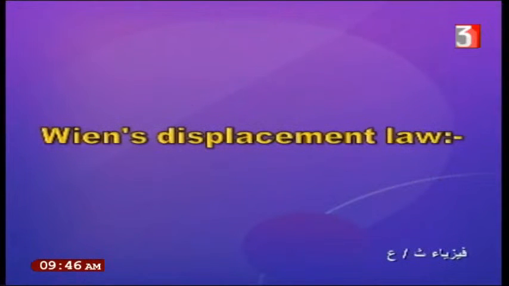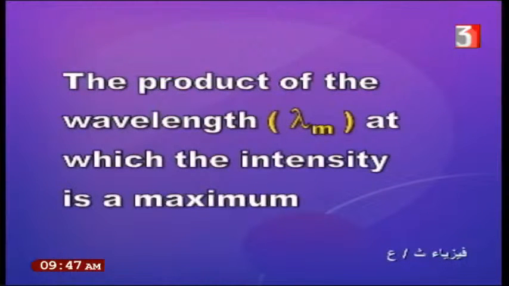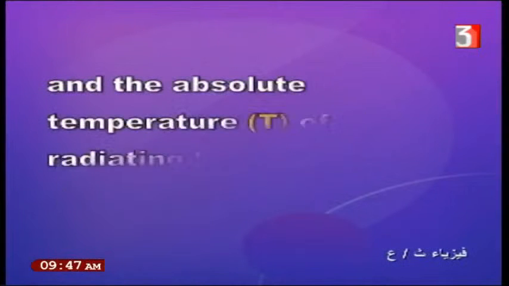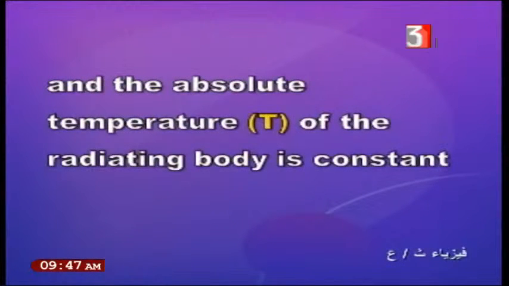Wien's displacement law. What about Wien's displacement law? Statement of the law: the product of the wavelength at which the intensity is maximum, lambda maximum, and the absolute temperature of the radiating body is constant.